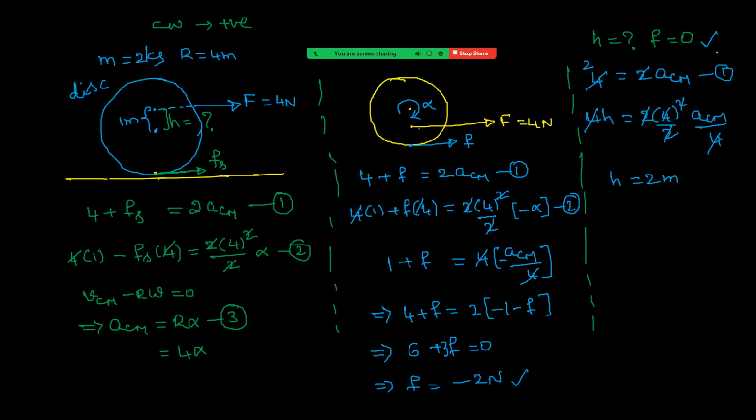That means frictional force may be 0, may be non-zero. Whenever a body is rolling without slipping, if friction is non-zero, it will be static, and that may be forward or backward, depending on the point of application of force and how much force is applied. So I hope you got clarity.